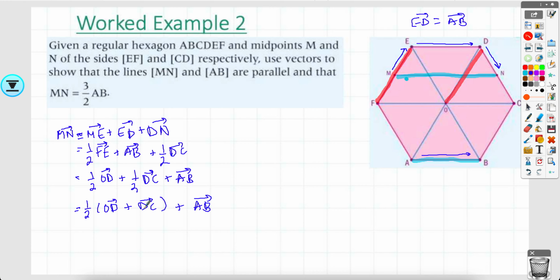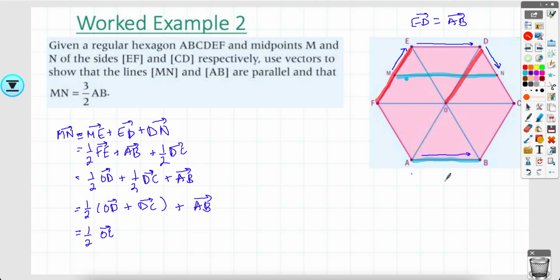Now, OD and DC, this is using the triangle law, where the head of one of your vectors is the beginning of the other vector. Therefore, this is just equal to OC.